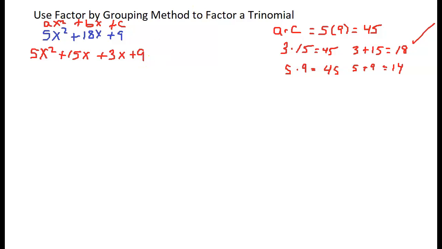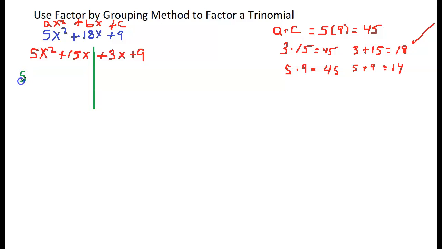Okay, the next thing I do for factor by grouping is I am going to group these into 2 different groups. I usually just draw a line, left side, right side of the line. Okay, make my line a little bit bigger. Now, on the left side of the line, I factor out my greatest common factor.